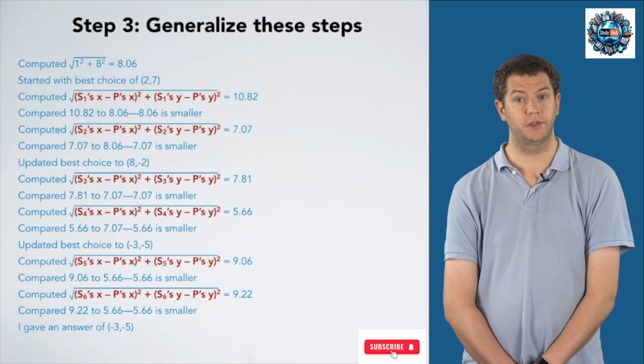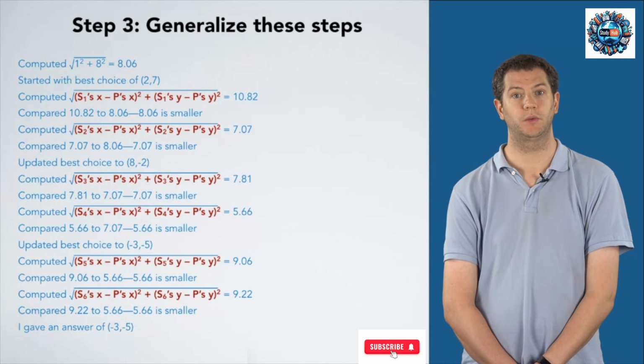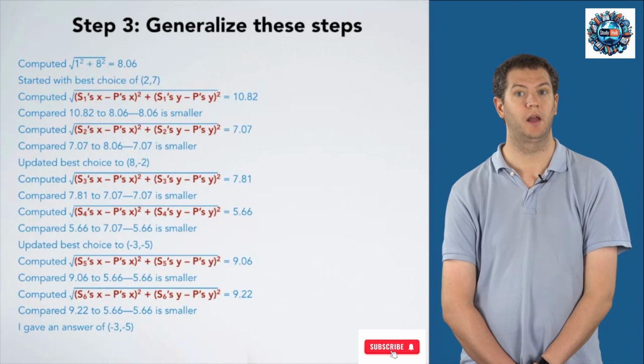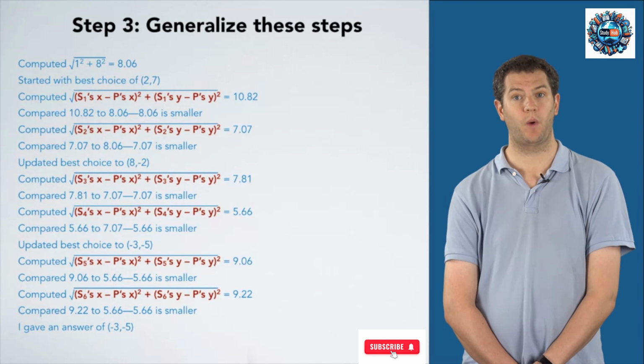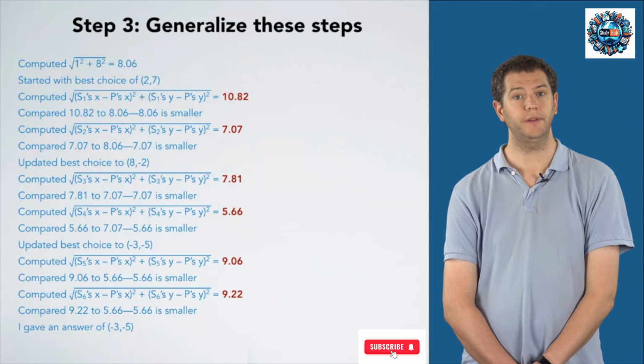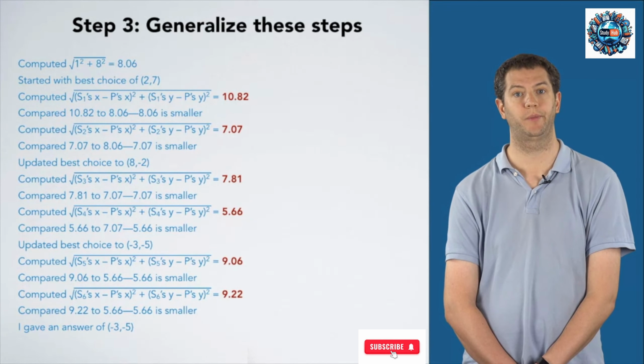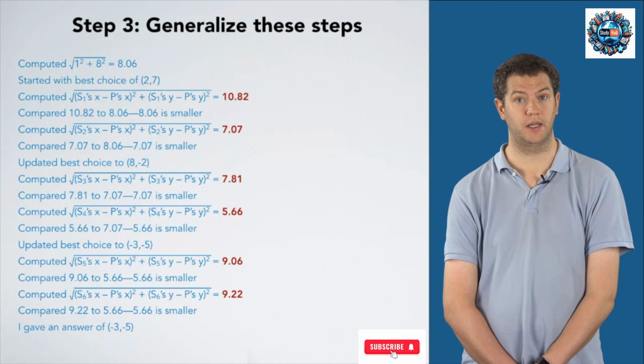The first substitution gives us S1's x minus P's x quantity squared plus S1's y minus P's y quantity squared, then the square root of the whole thing. Now, the result of this computation won't always be 10.82 or 7.07, so we should give these a name, such as current distance.